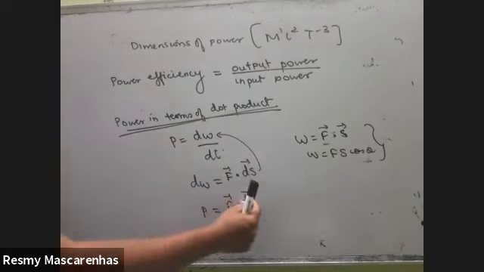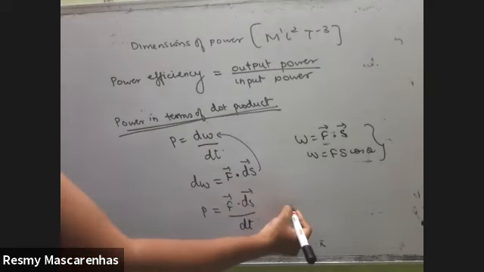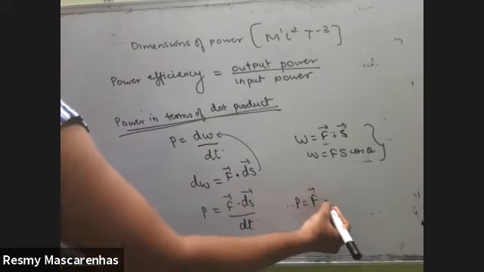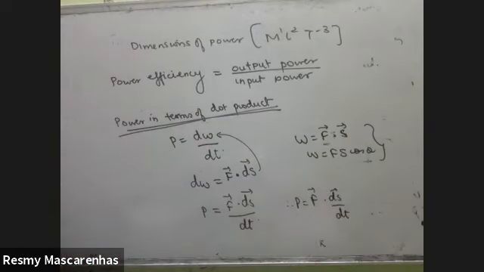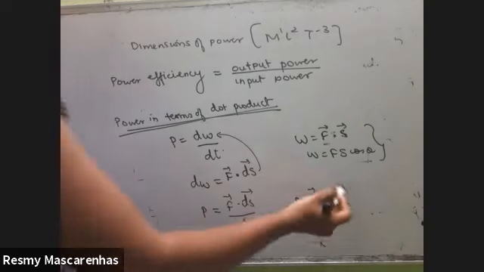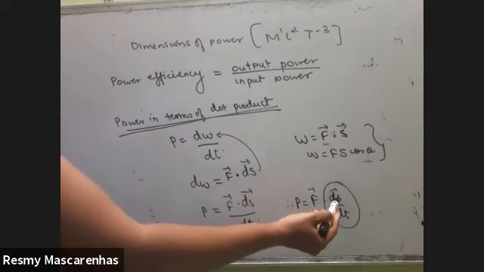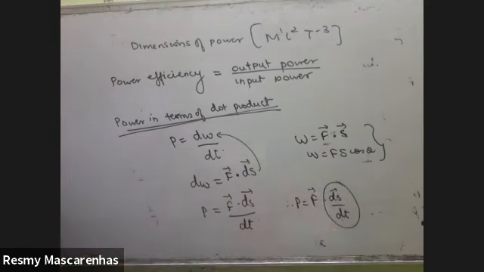Now just separate this. Multiplication means you can always separate. It's like 2 into 7 upon 4 can be also written as 2 into 7 by 4. You know that change in displacement, change in distance upon time. Distance upon time is nothing but velocity.